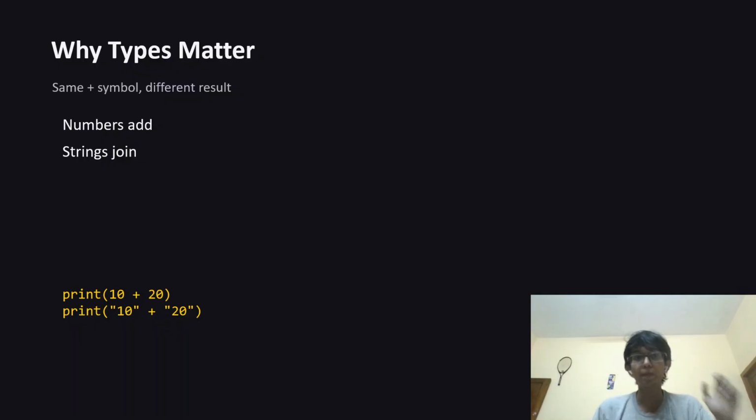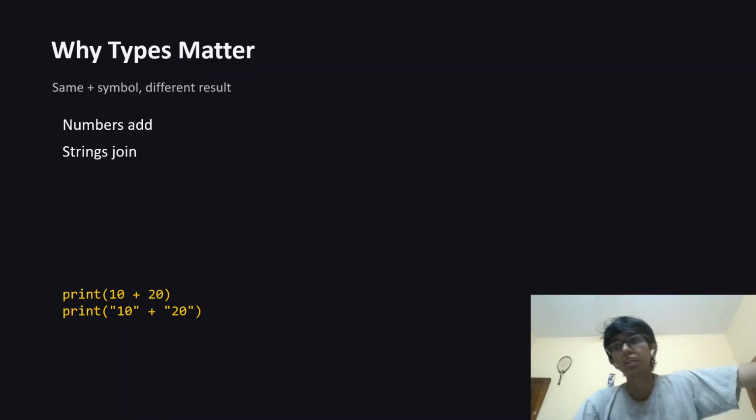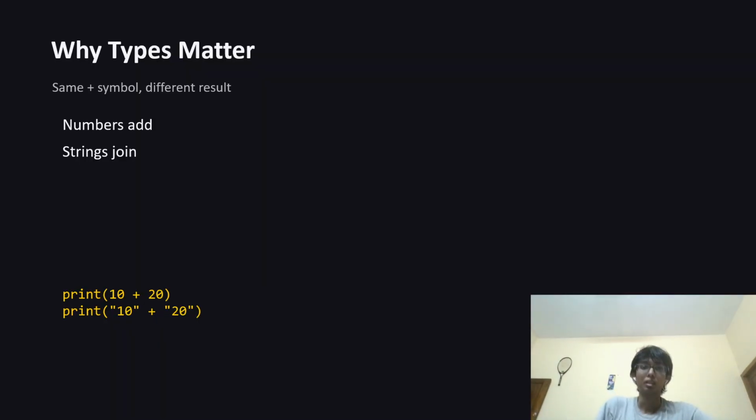Because if you have one big tumbler with all kinds of ingredients inside it, it's difficult. But if you have a tumbler for each and every ingredient, that's easy. That's good, right? That's the basics of why type matters.